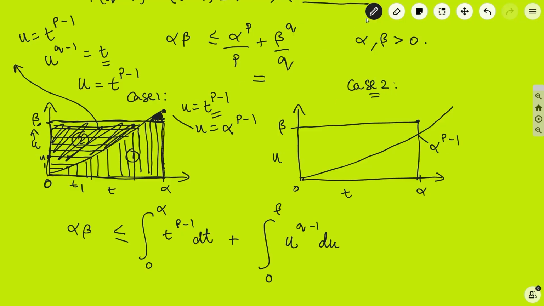Okay. So let me just erase some of these. Okay, there you have it. So it looks nice. Okay, so for case 2, it's the same thing.